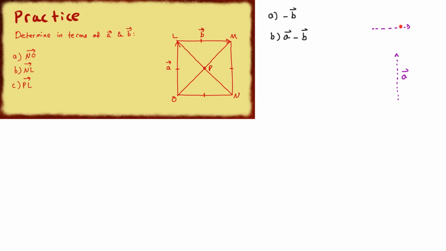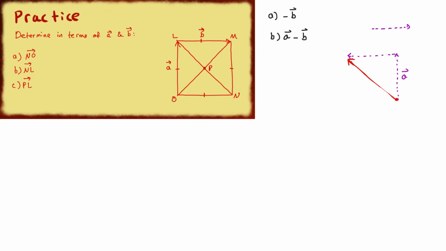But since I'm subtracting, I'm going to take the negative of this, which is going in the opposite direction here, and add the negative to vector A, meaning put the tail here and change the direction to this direction and add it to here. And my resultant vector goes from here all the way to here. I'm going to redraw it so that I get a nice and straight line. And we can see that this vector over here is the same as this vector over here, which is NL.